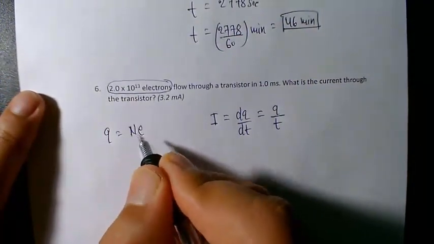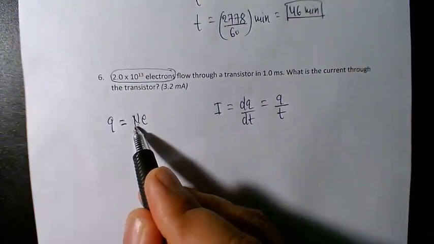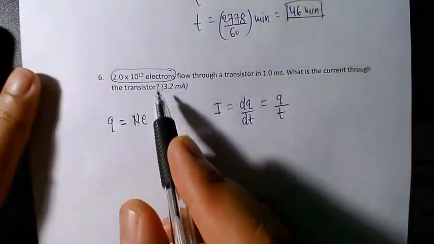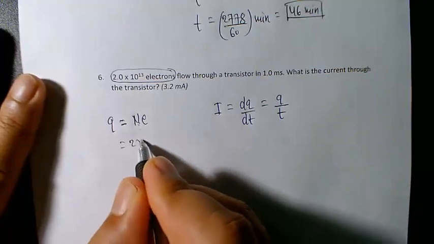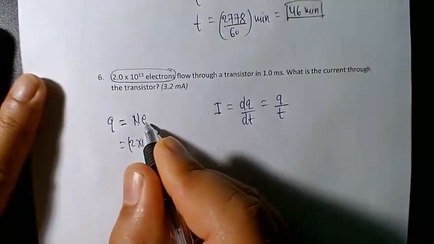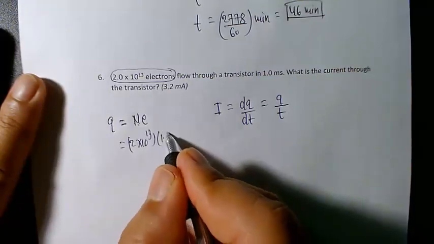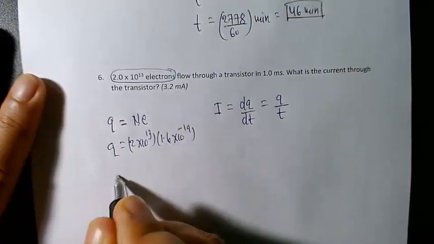It is n times e, always. Total charge is the total number of charges, in this case electrons, times the electronic charge. It's the basic charge. So 2 × 10^13 times e, the basic charge or electron's charge, 1.6 × 10^-19.